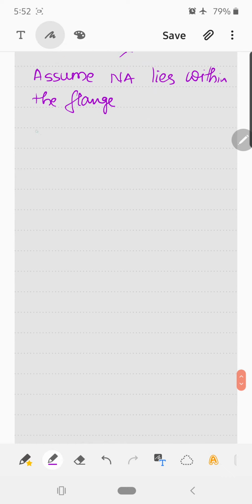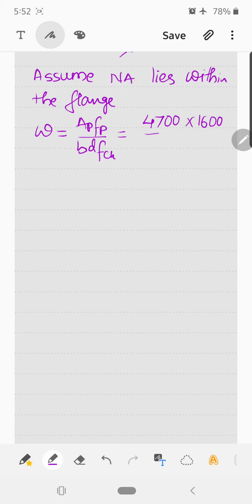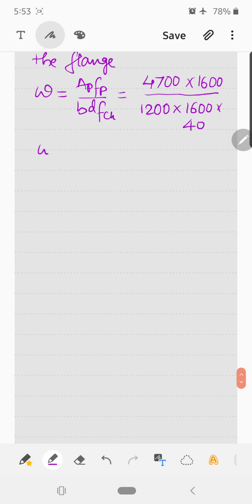Calculate the reinforcement index W is equal to APFP divided by BDFCK. Substituting the values, we will get the reinforcement index W as 0.095.